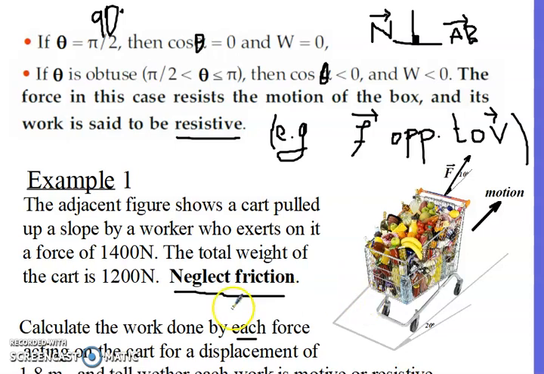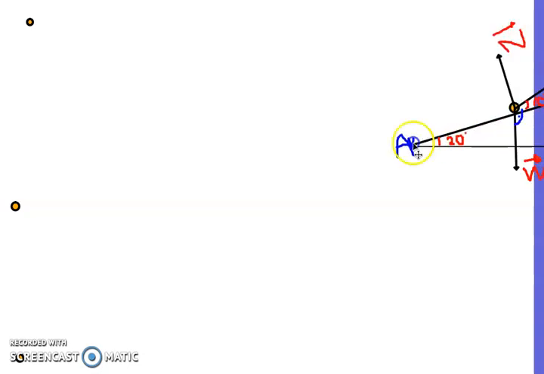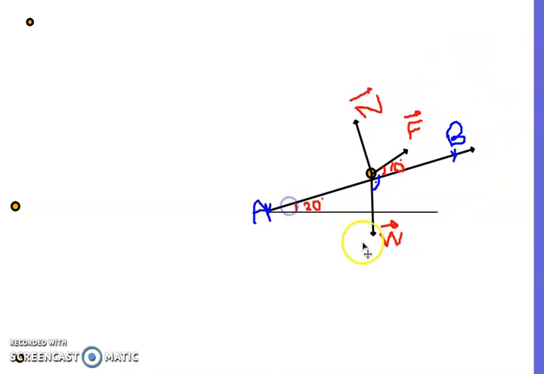So let's solve this exercise. We want to find the work done by each force for displacement 1.8 meter. We have forces and we have displacement or motion, so we must have work. First of all, we have to determine the forces acting on the system. This is a simplified picture.